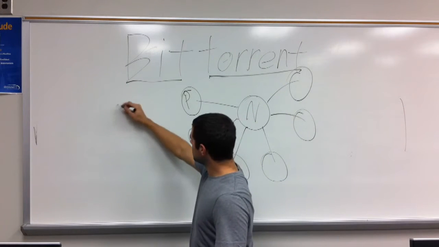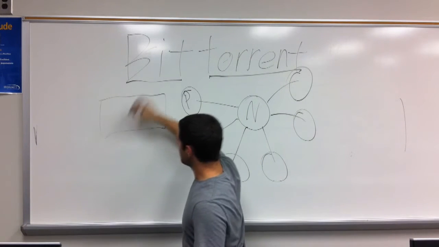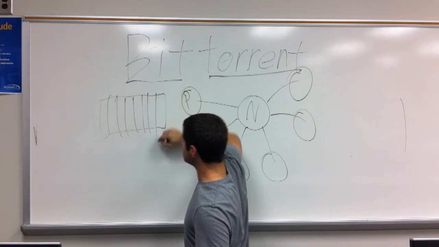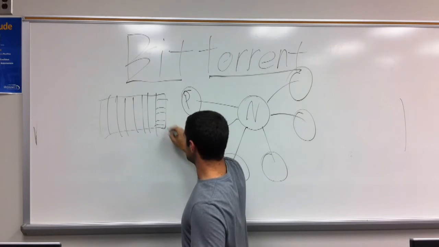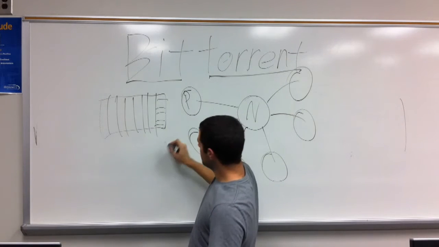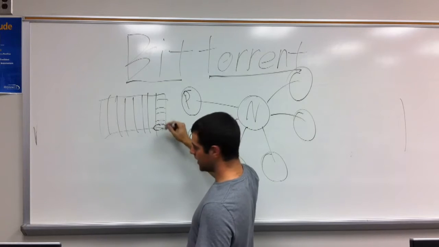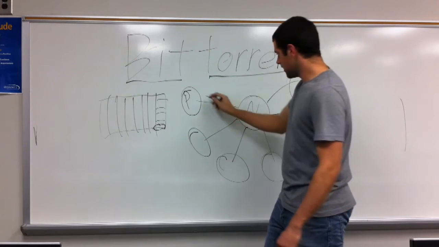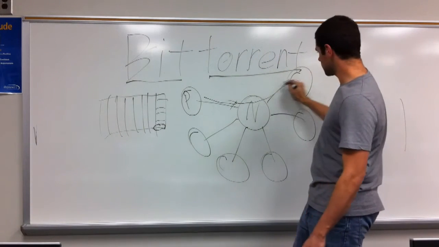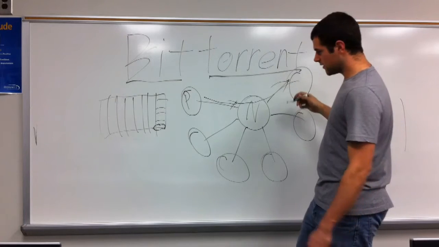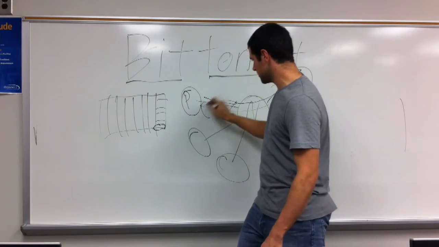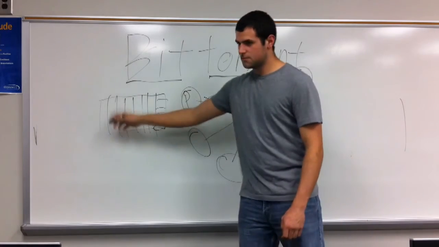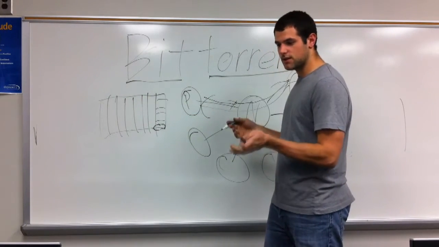Over here, you have your file, and a BitTorrent program would split that file into pieces and those into bits. What you're actually sharing is little bits of this file. So this peer says, oh, I have this bit, I'm going to send it to this peer over here. Then this guy says, but you don't have this one, so I'll send you this one. That process goes on until all the peers have all of the bits. In other words, everyone has the complete file.